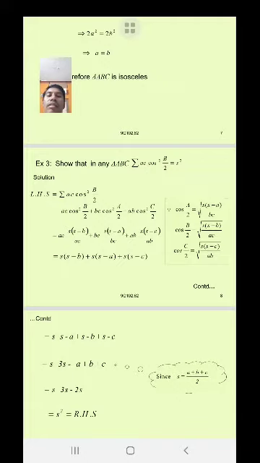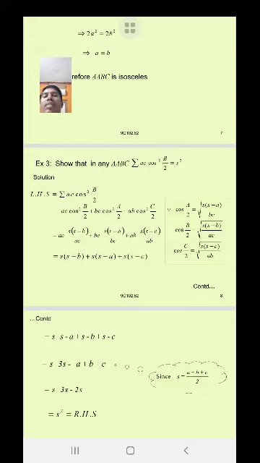Clear? I already told you in the previous class also, again I explained here. Next, cos A by 2 equals, we have the formula, under root of s into s minus a by bc. Similarly, cos B by 2 equals under root of s into s minus b by ac. And cos C by 2 equals under root of s into s minus c by ab. Squaring means the square root gets cancelled.